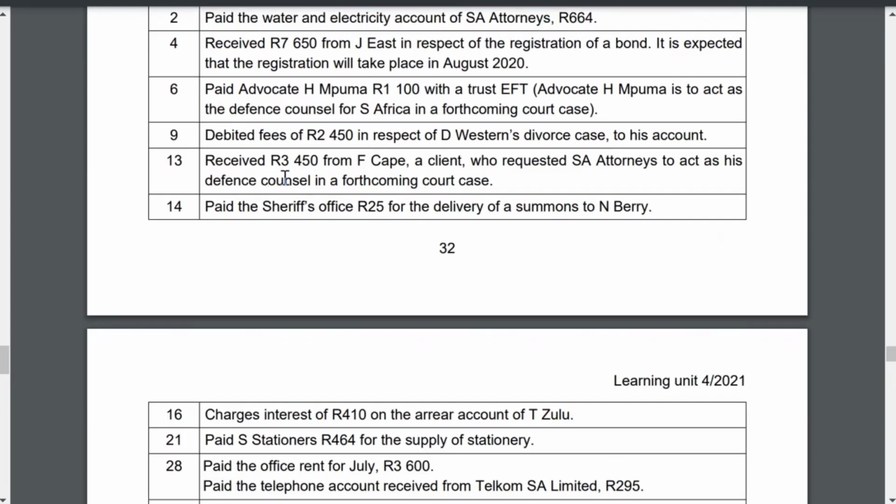Number 13, received. SA attorneys received 3,450 from F Cape, a client who requested SA attorneys to act as his defense counsel in a forthcoming court case. Where would you record this? Transaction number 13.